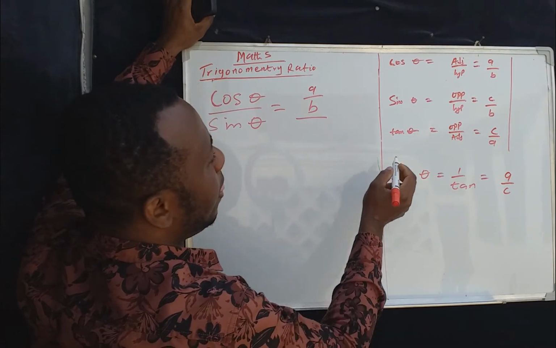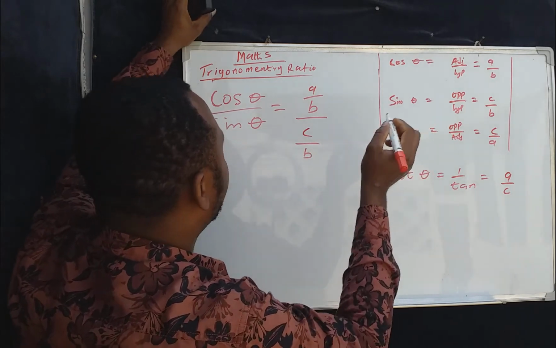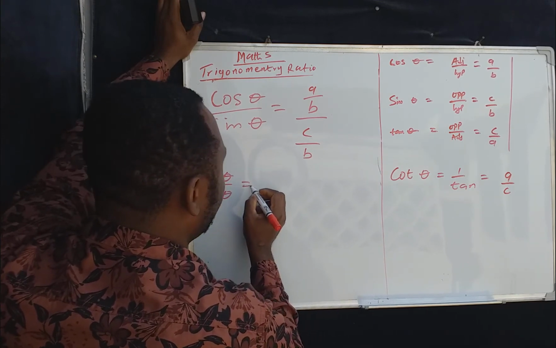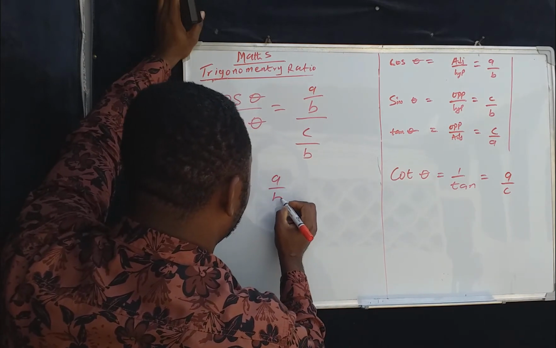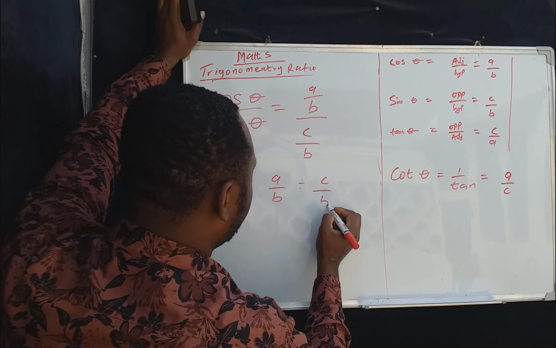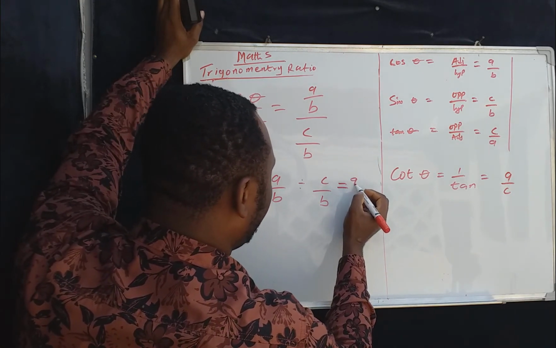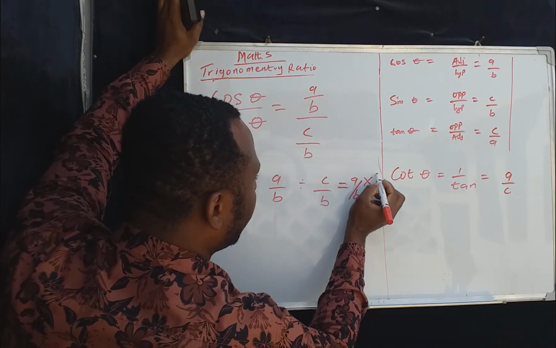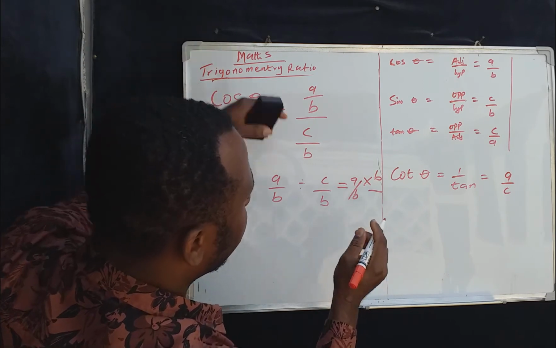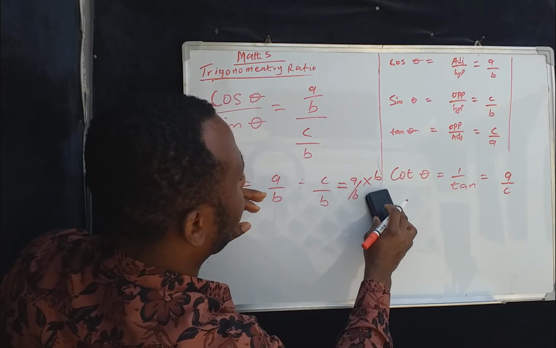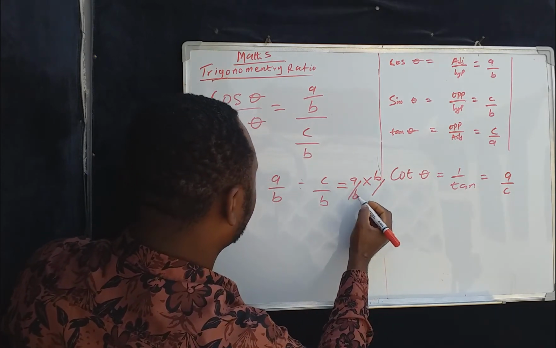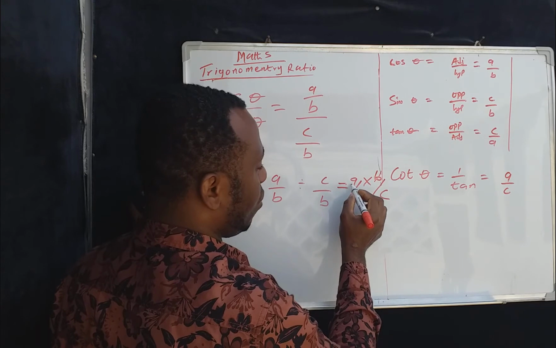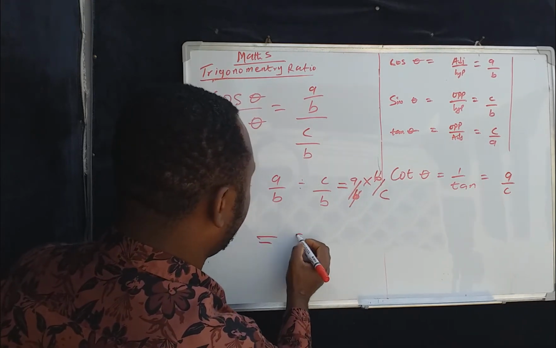Sin theta is C over B. Now let's bring in the relationship between cos theta and sin theta, which is equal to A over B divided by C over B. That is equal to A over B times B over C. This B here and this B cancel. What remains? A over C.